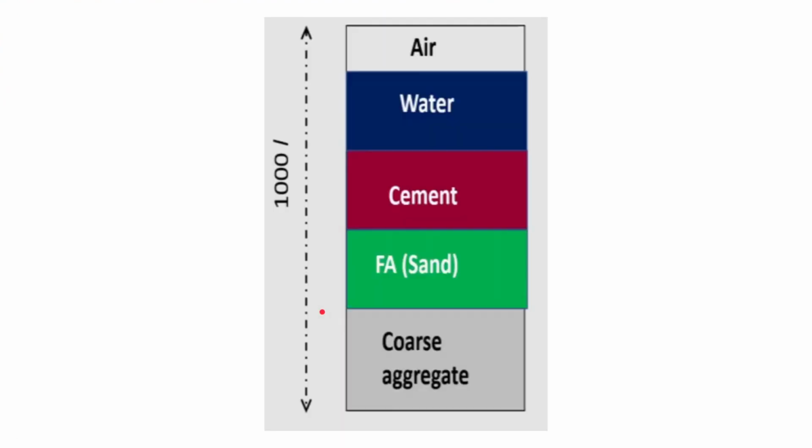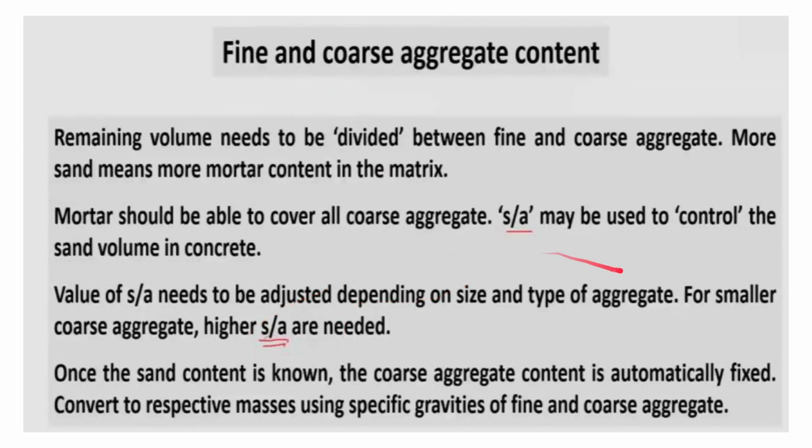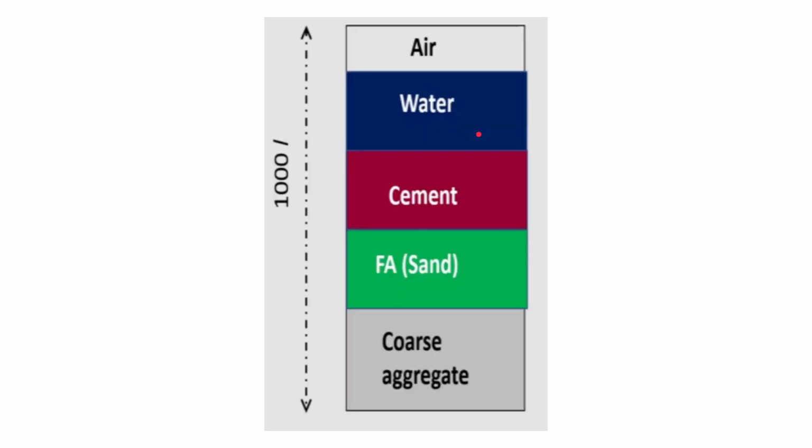Therefore, using specific gravities we convert water and cement to volume; air is already in volume. From that we find the amount of volume present, and the S by A value. Using both we find the volume of fine aggregate and coarse aggregate, and again using specific gravity we find the weights of every constituent.